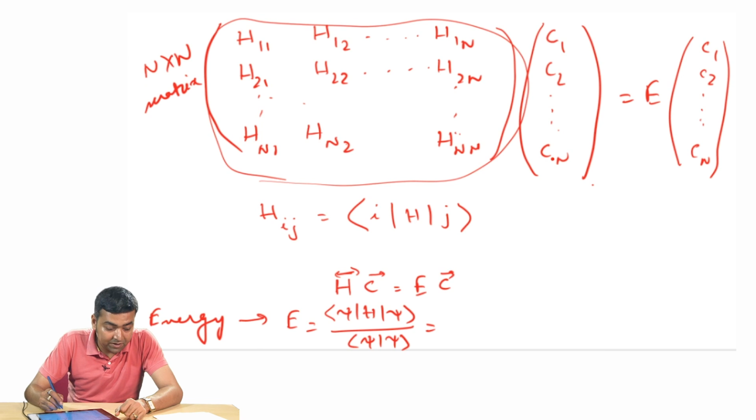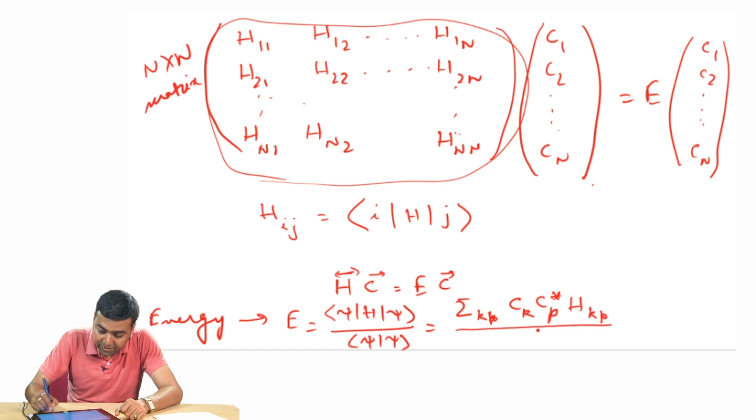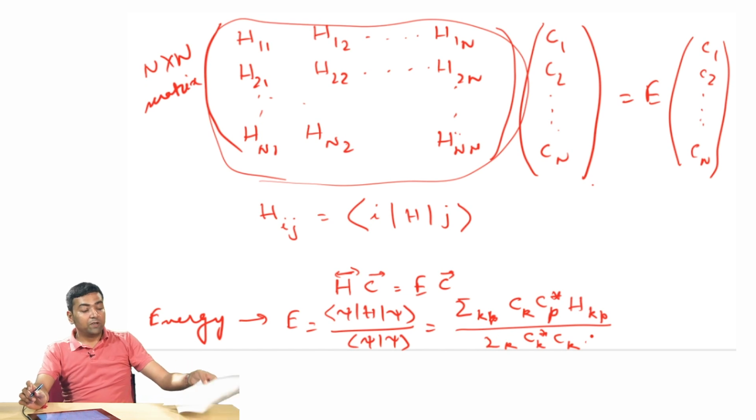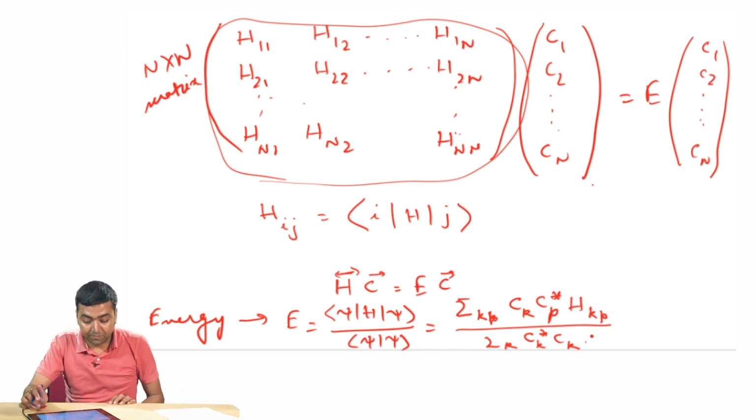So, if I plug it in there, my energy eigenvalue will be given by the sum over k, p of c_k c_p star H_kp, divided by the sum over k of c_k star c_k. So, this is what my energy eigenvalues will be in this formalism.